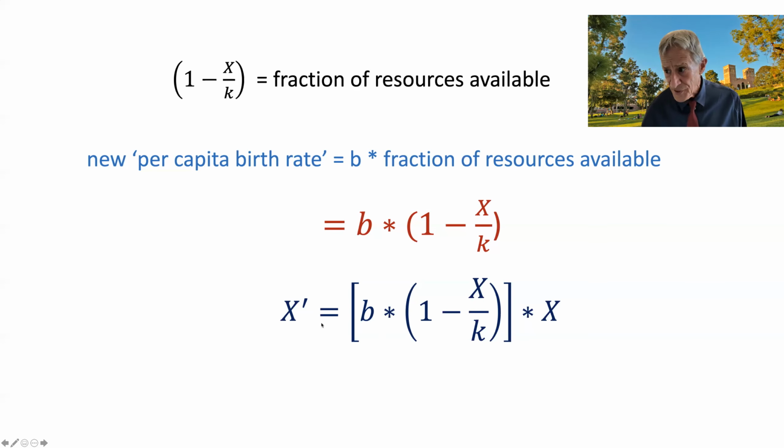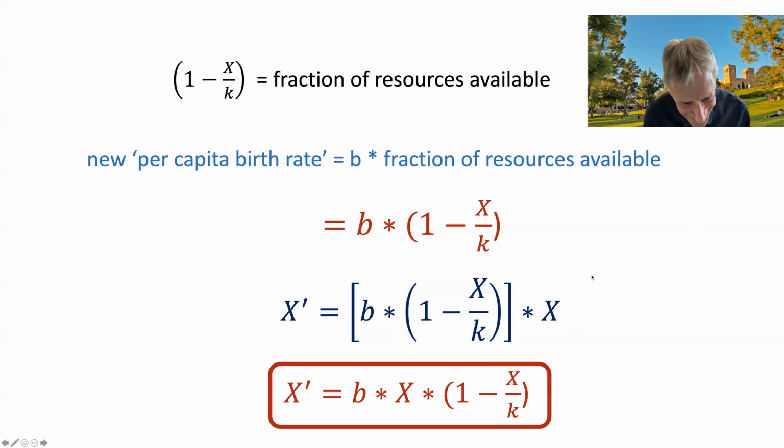And so that gives us X prime equals B times 1 minus X over K, quantity times x. Okay, multiply that out. And what do you get? You get x prime equals b times x times 1 minus x over k.